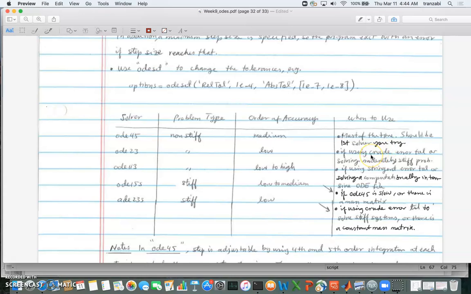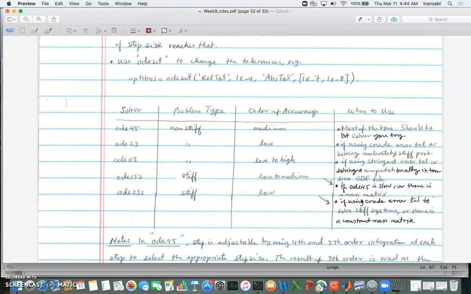Okay, for ODE23, this is going to be a crude approximation for the solution of a differential equation, or if you really have moderately stiff problems, we can use ODE23. So you can take a look at other comments and see where it is applicable to the problem.